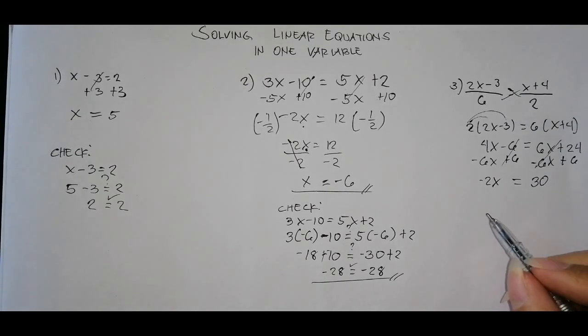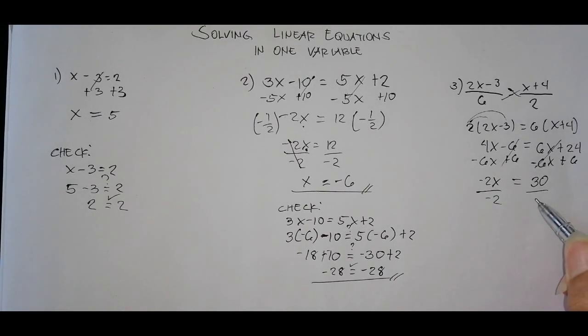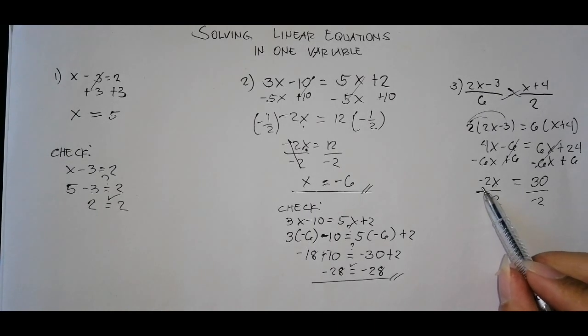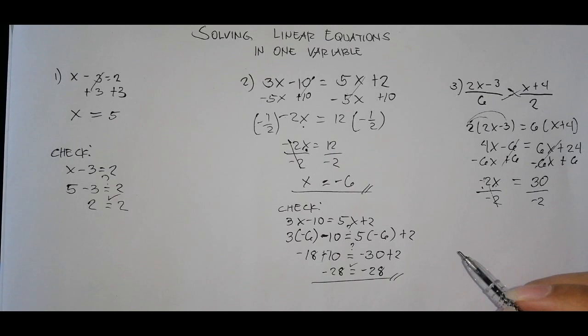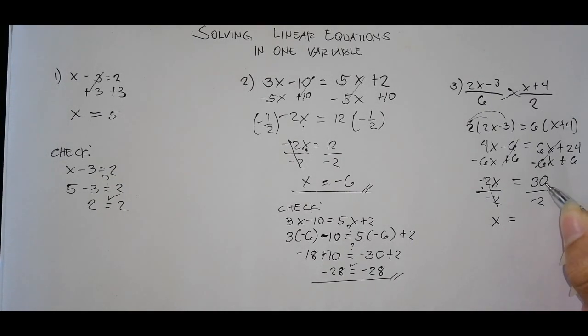Now, I'm going to divide both sides by negative 2. Again, why negative 2? Since the coefficient of x is negative 2. So that would be cancelled, that is 1x or simply x equal to 30 divided by negative 2. That would be negative 15. Okay, so that would be the answer for number 3.